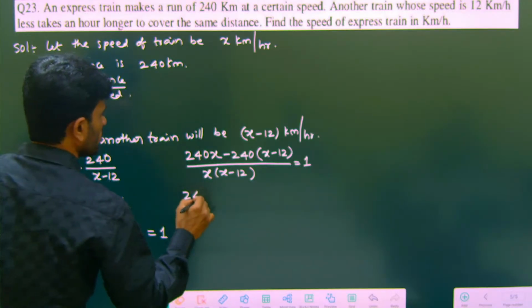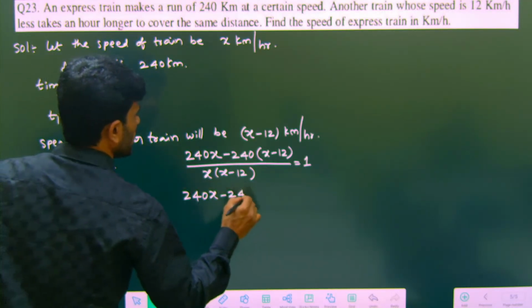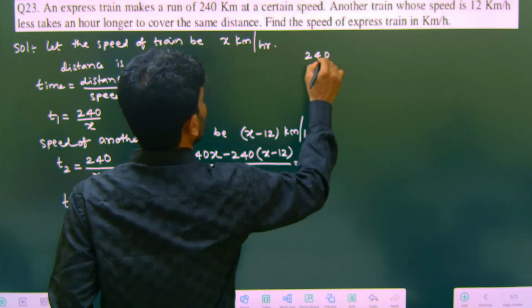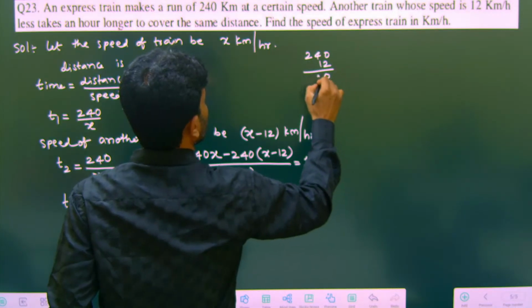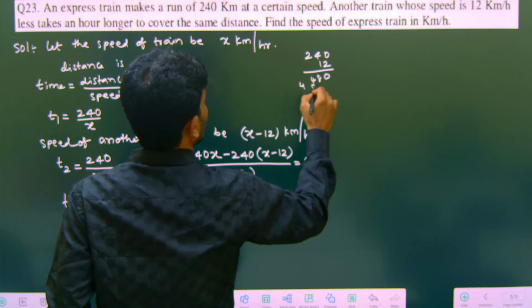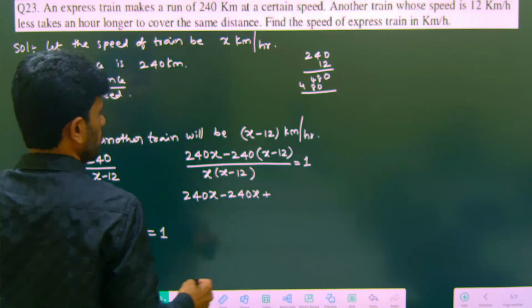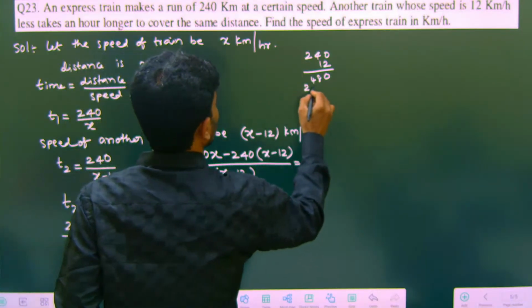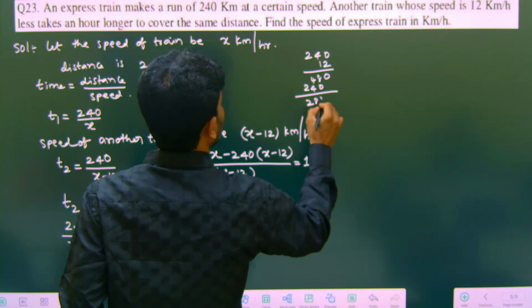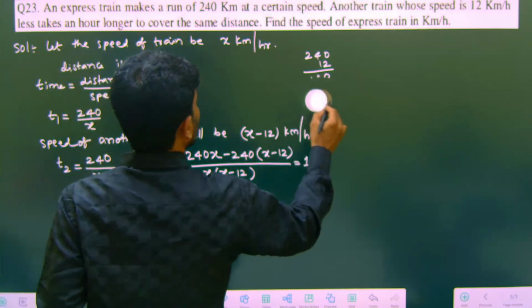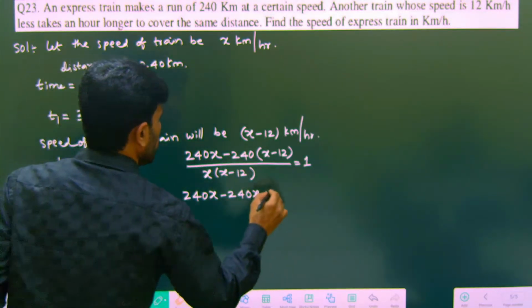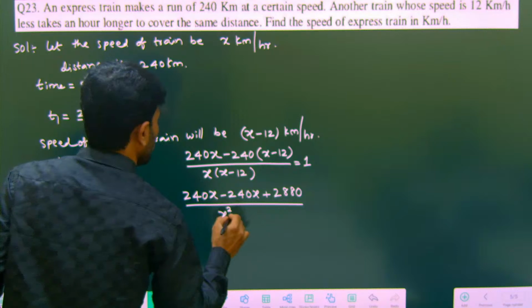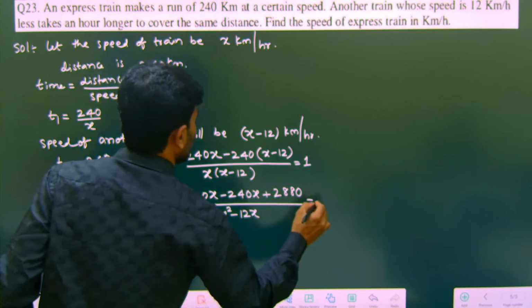This is 240x minus 240x, minus into minus plus 240 into 12, which is 2880, by x square minus 12x is equal to 1.